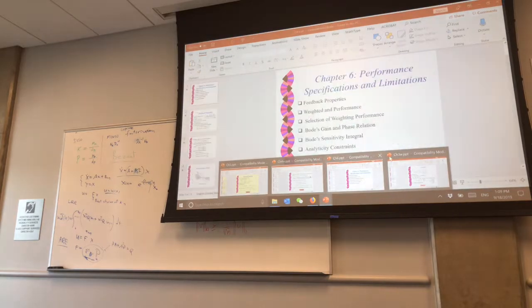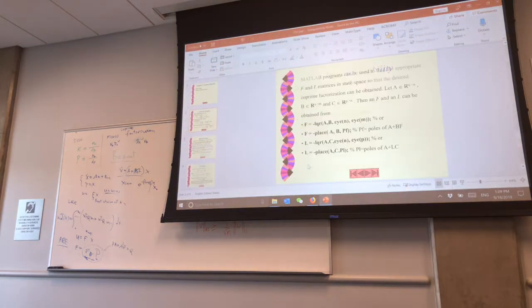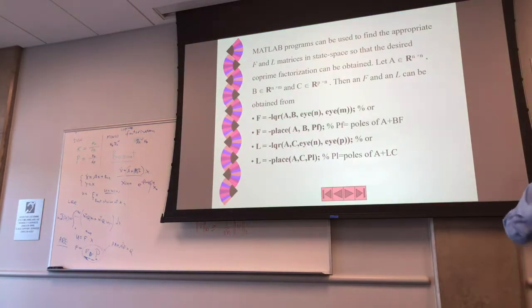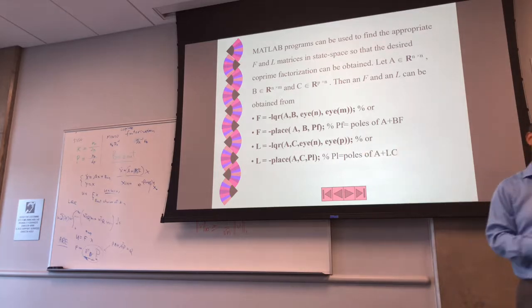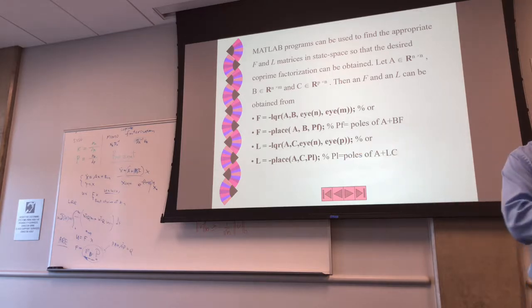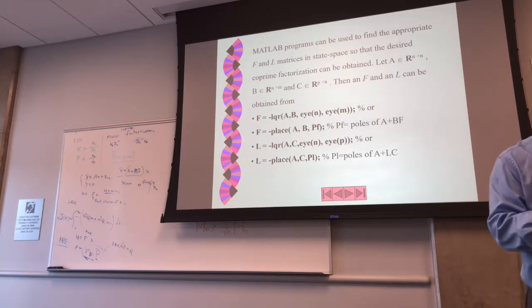Although it's very simple to simply type in LQR, you really need to know what's behind. What's behind is the formulation like that, the calculus of variation, the state equation, co-state equation, the algebraic Riccati equation, and the Lyapunov equation, and so on and so forth.